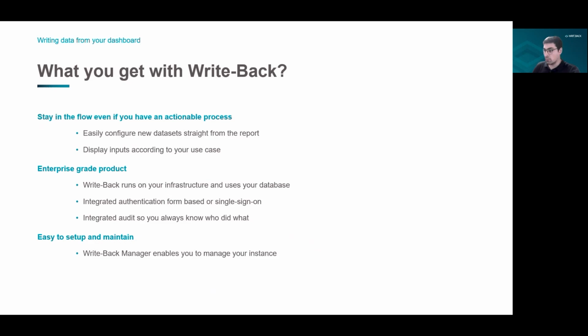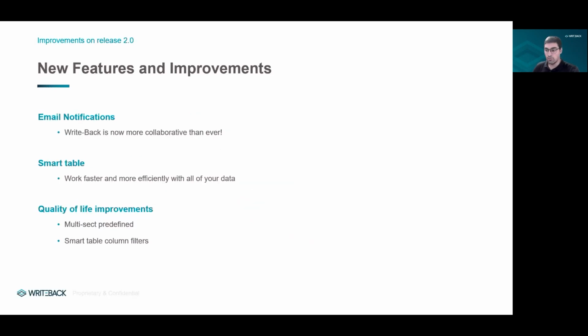So today we're also bringing you the new features. RightPick for Power BI has been available since the beginning of the year, pretty much. We now have some new features that we introduced a couple of weeks ago, including email notifications, a new way to communicate with your team through the reports. You can easily notify them, and they will get an email with your entries. We also improved our data grid.